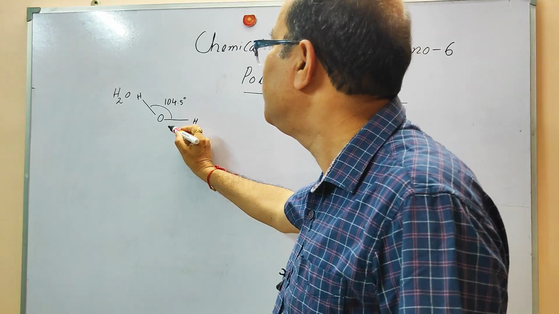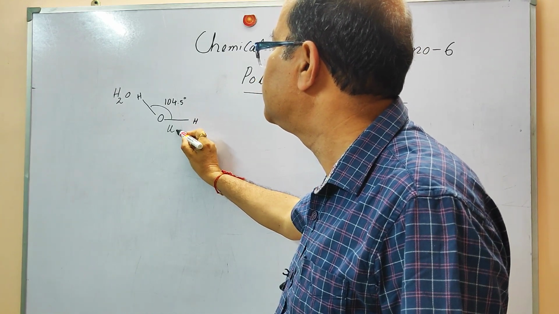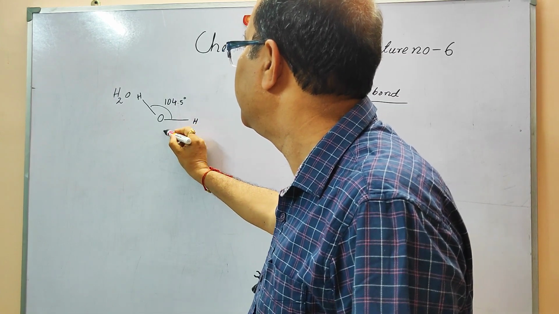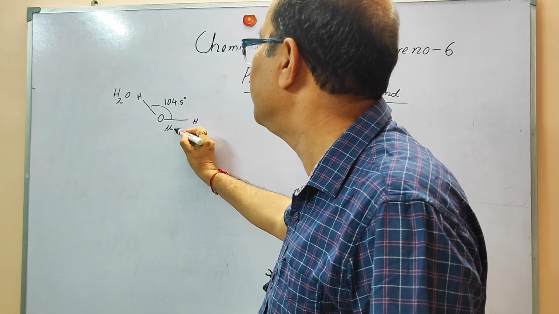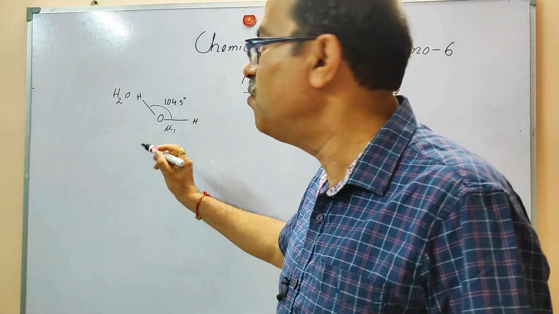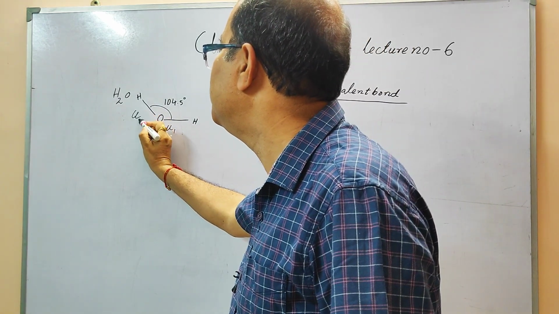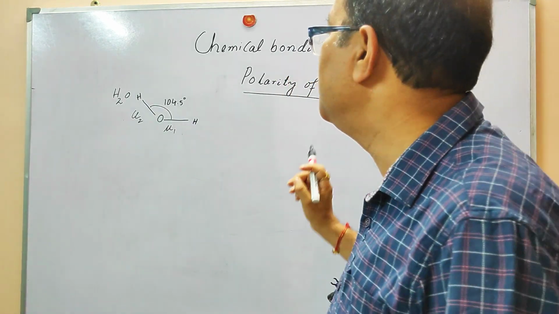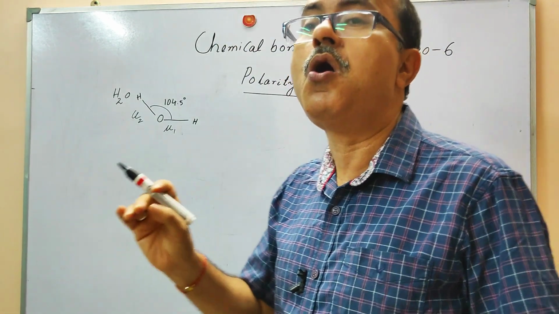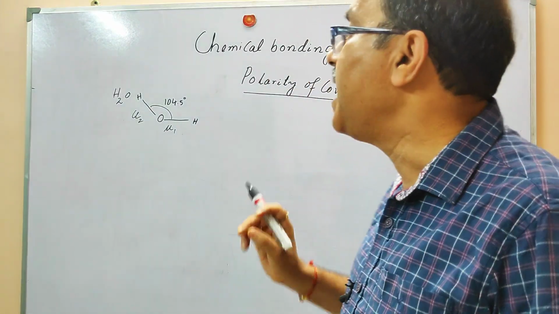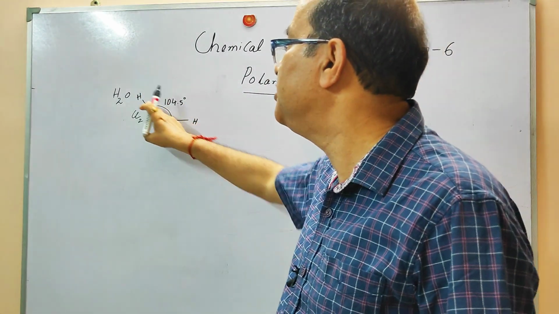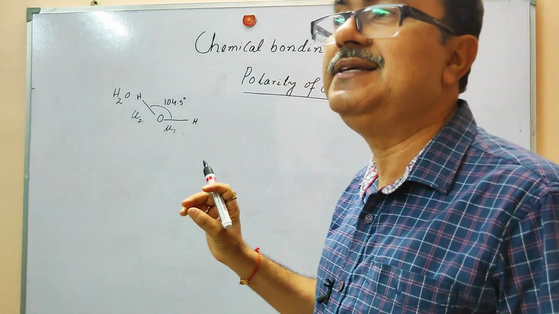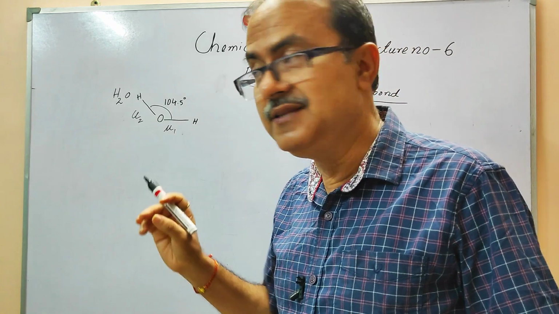Then at that time, what is going to happen? Suppose the dipole moment of one bond is mu1 and of the other bond is mu2. At that time, the total dipole moment of this molecule will be the vector sum of these two dipole moments. And suppose in this case for H2O, the angle is 104.5 degrees, but it can be taken as a general term.